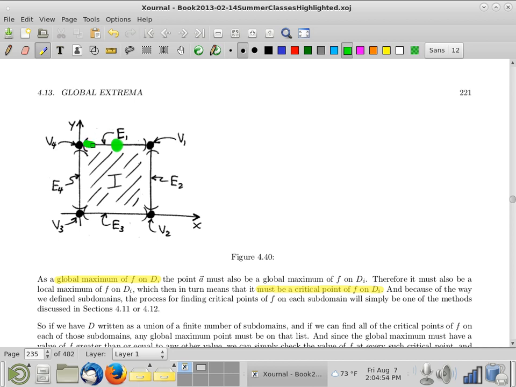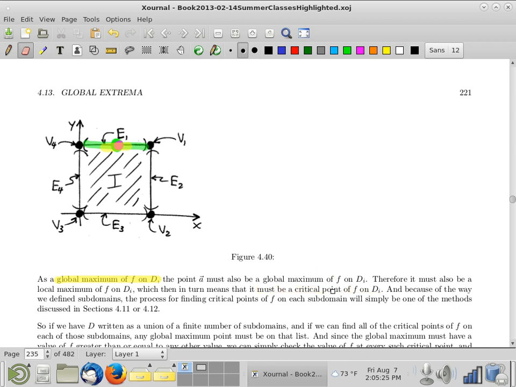Now, that absolute maximum, that global maximum value, what can I say about it as it pertains to this subdomain? Well, the function is bigger here than anywhere else in the entire set. Certainly it would follow then that the function's bigger there than anywhere else on the subdomain. And it follows that the value of the function is bigger than anywhere nearby in that subdomain.